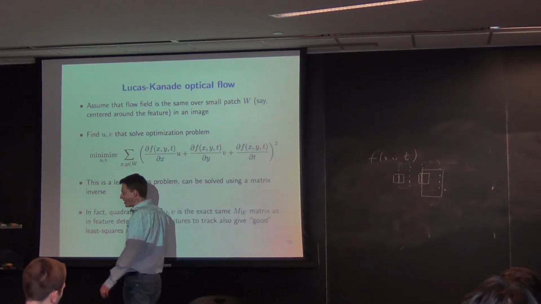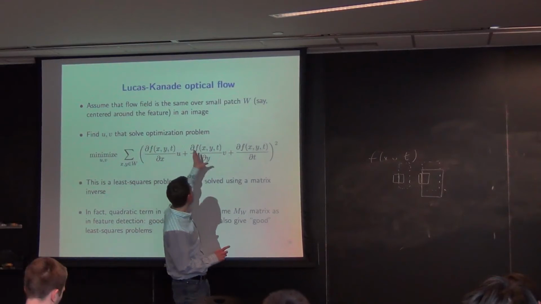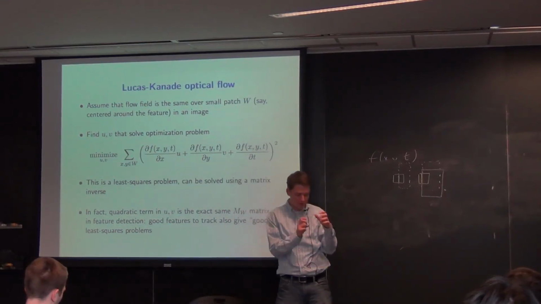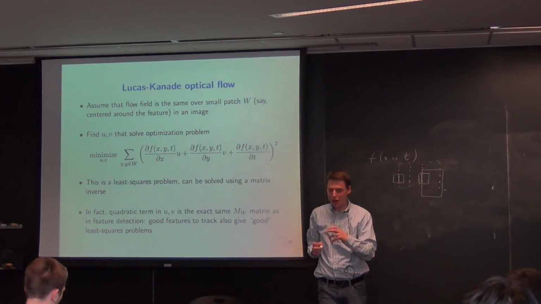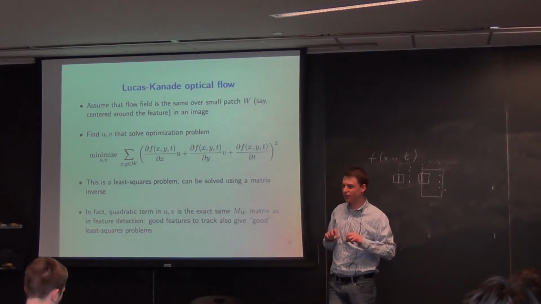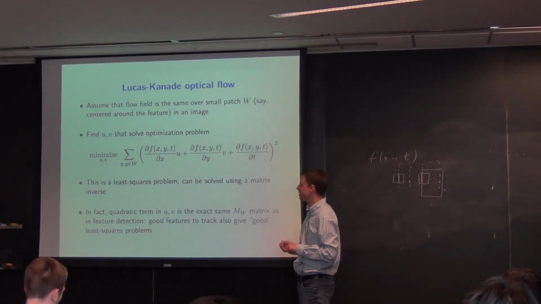The idea here is that just like we did when looking for image features, where we looked at a small patch around a point and took an average of the displacement in this whole patch, we're going to do that exact same thing here.